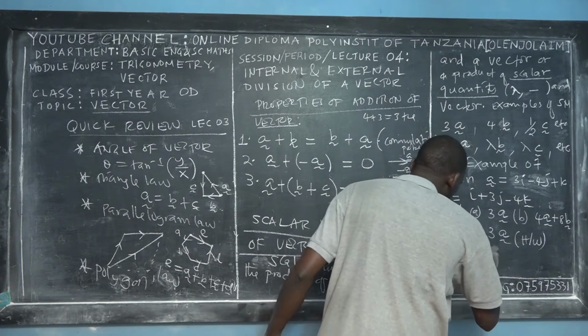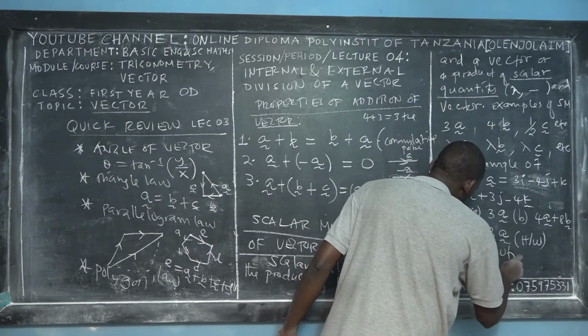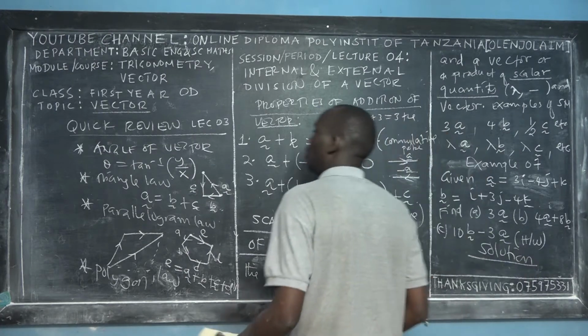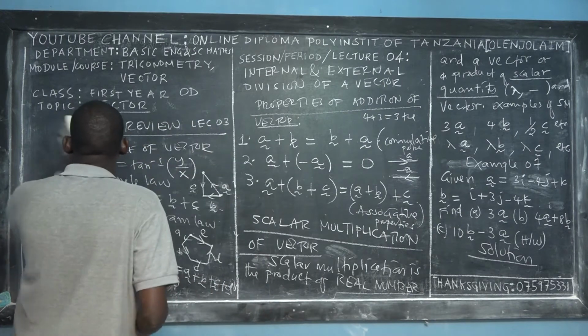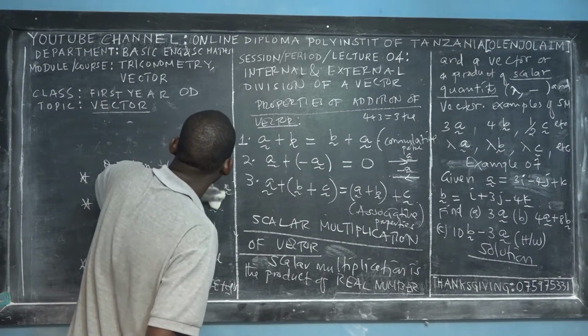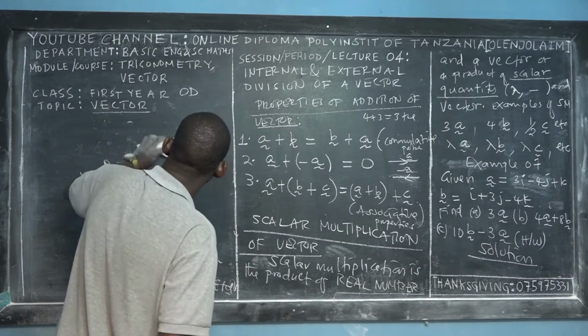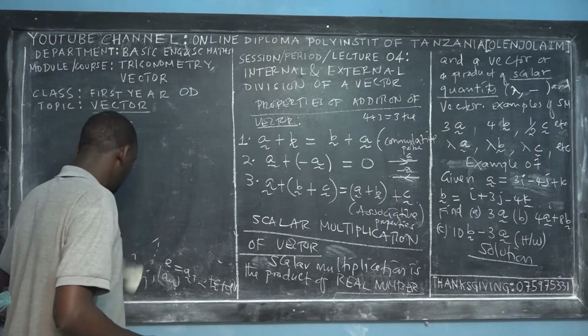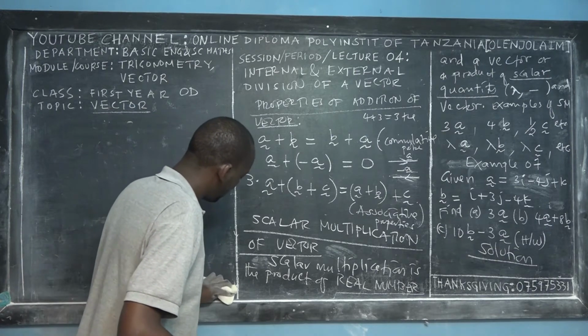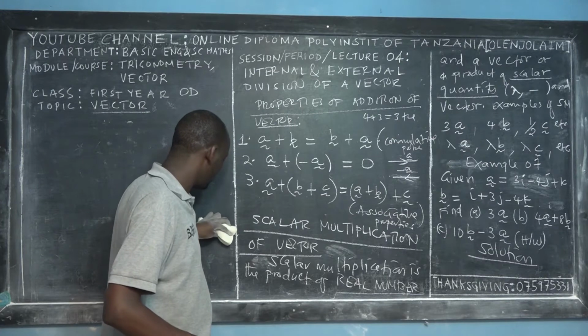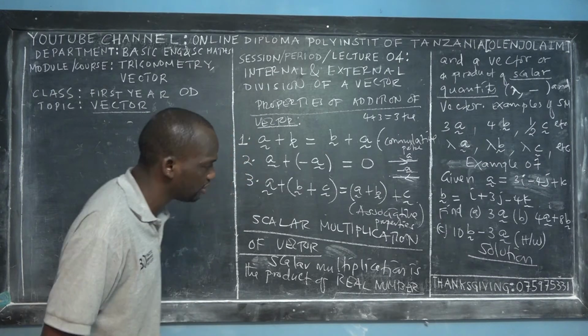For the solution, I'll solve parts A and B. Part C is your homework, and you have to make sure that you submit your homework in the comment section of this video. Please submit the homework in the particular video which you have been given as that homework.